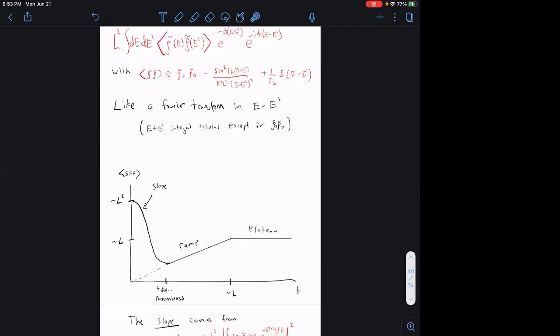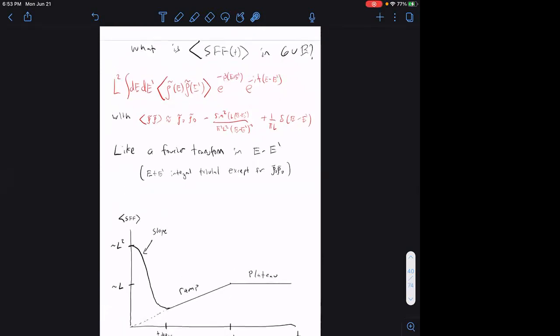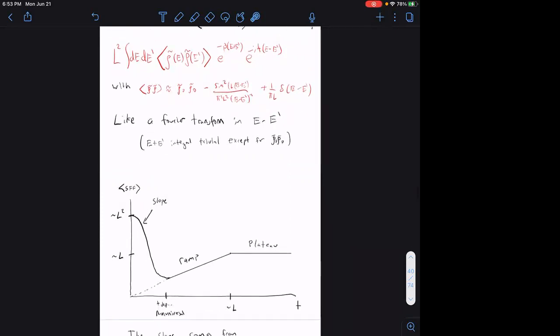So we can roughly think of the spectral form factor as a piece from these two terms plus the Fourier transform of the other terms. Let's think about those separately. The contribution of these terms comes from the semicircle formulas for rho naught. The semicircle is a smooth function, and the Fourier transform of a smooth function decays.